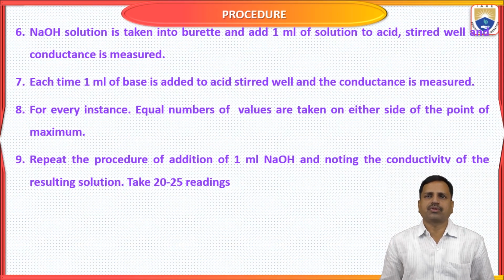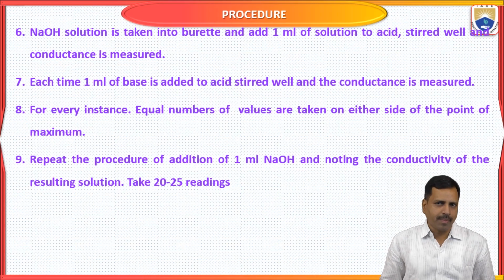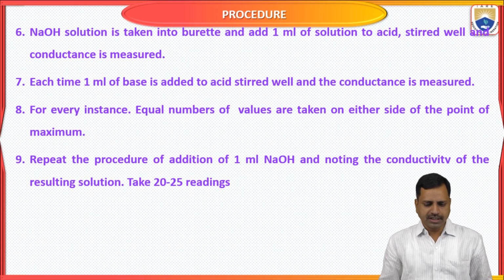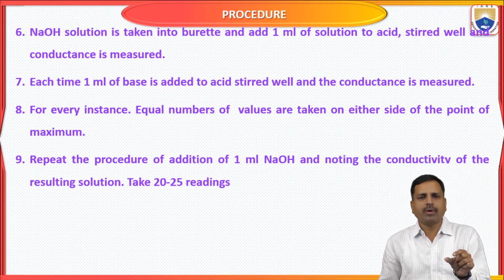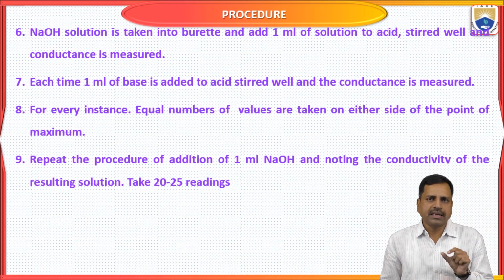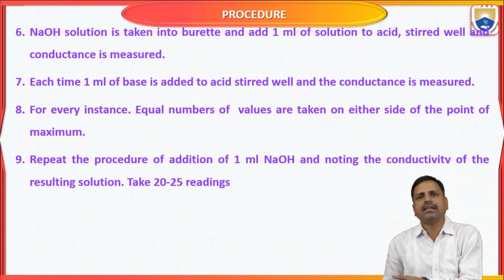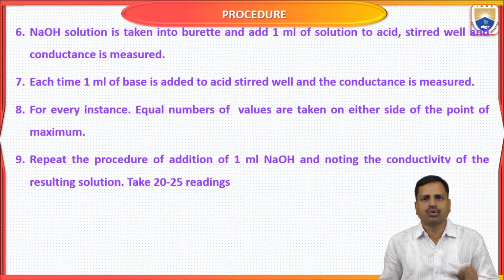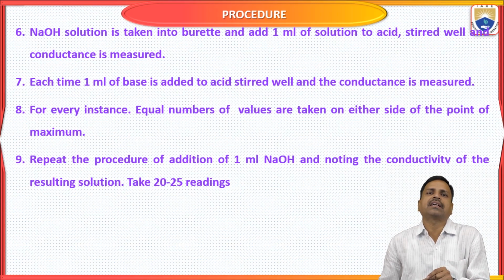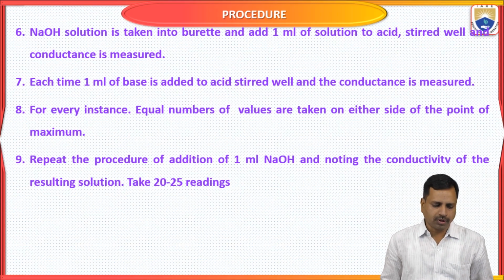For every instant, an equal number of values are taken on the other side of the point of maximum. What this means is, suppose the HCl conductivity is around 14. Then you take readings until it again attains 14.